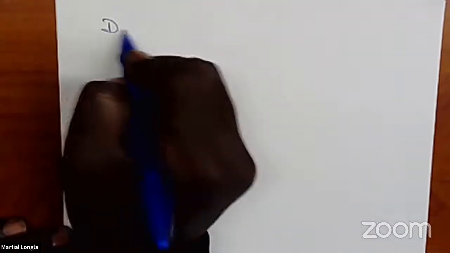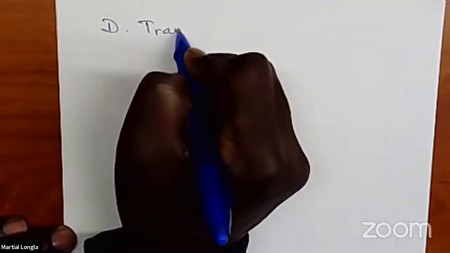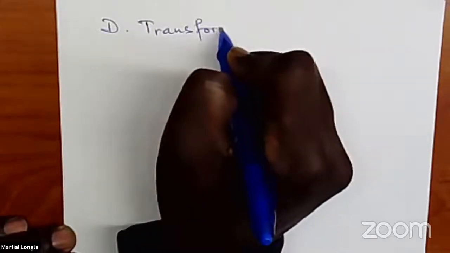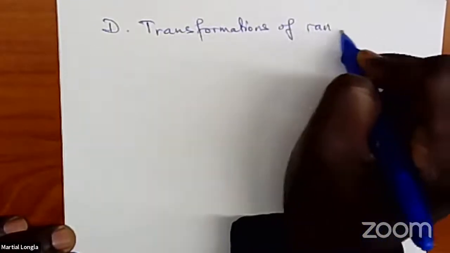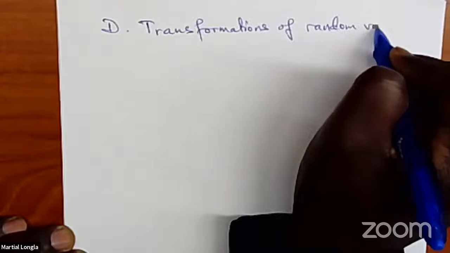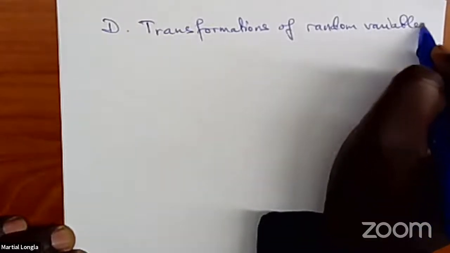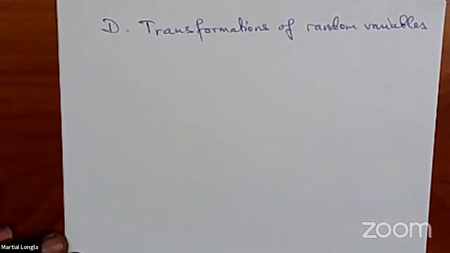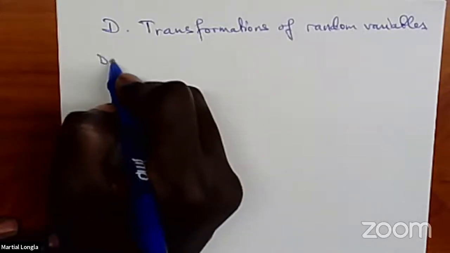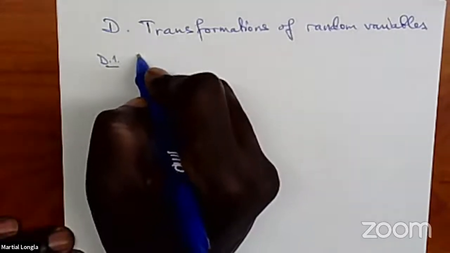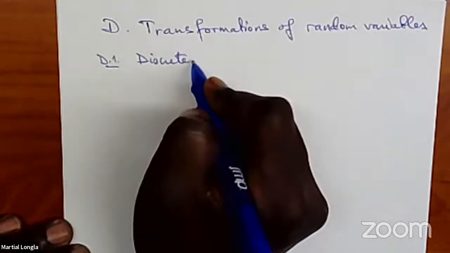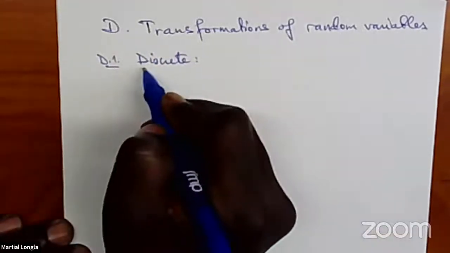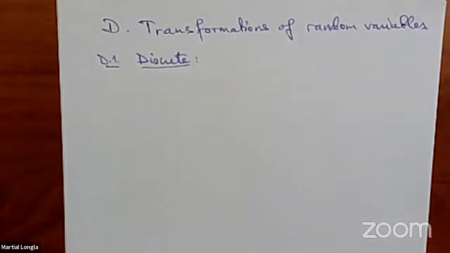Now we do what we call transformations of random variables. Discrete case: how do we find the probabilities for a transformation of a discrete random variable?